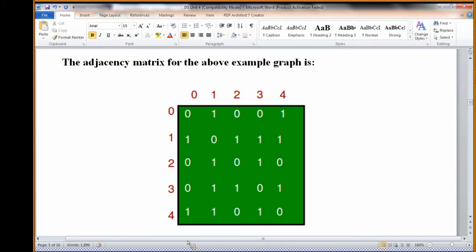So 0 is connected with 1 and 4, and 1 is connected with 0, 2, 3, 4, and 2 is connected with 0 no, 1 and 3 only. 3 is connected with 1, 2 and 4, and 4 is connected with 0, 1 and 3. So based on this you can understand. This is the adjacency matrix representation of the graph given above.